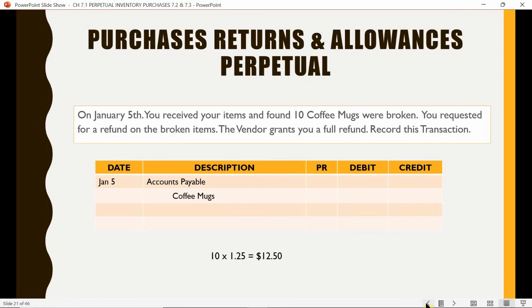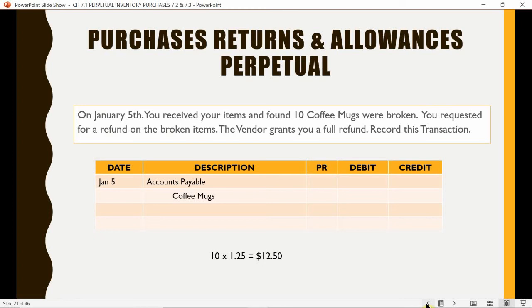Good, because in this case, if we placed everything into inventory, that means everything's going to come out from inventory. So write that concept, perpetual inventory: if we put everything into inventory, that means we could take it out from inventory. And that's exactly what we're doing here. We have a full refund on those 10 broken mugs.